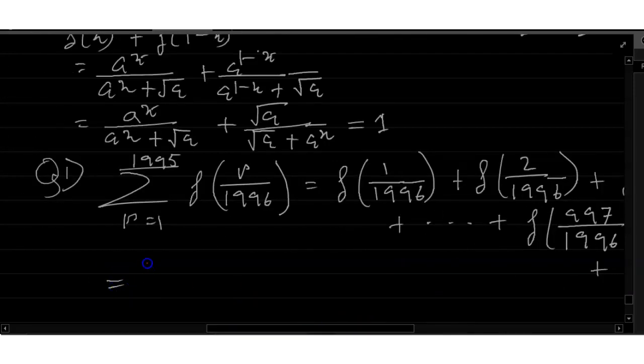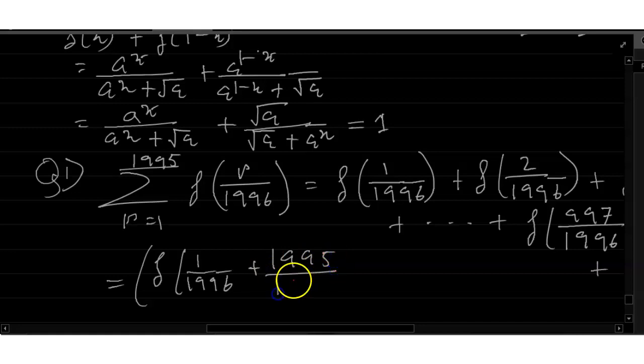So we can arrange this way. f(1 by 1996) plus f(1995 divided by 1996). This is one pair.